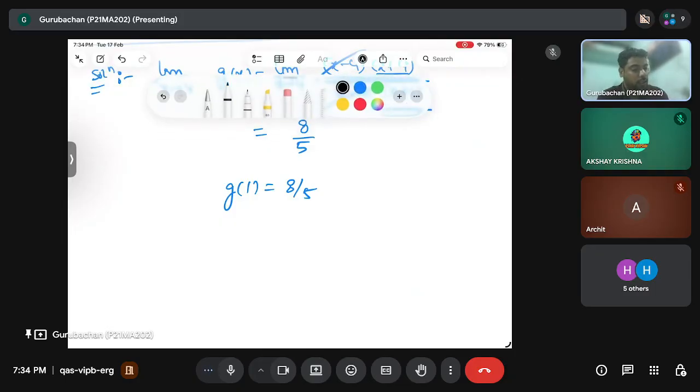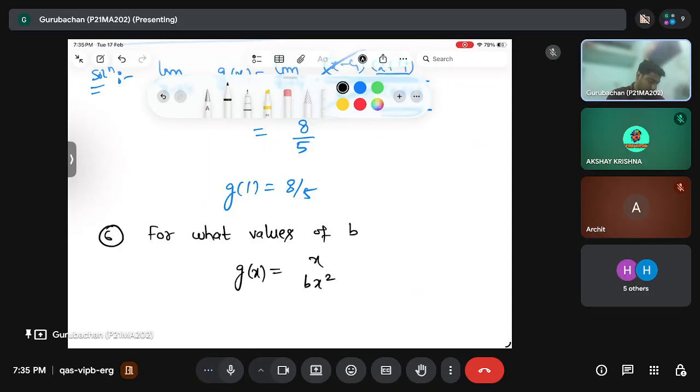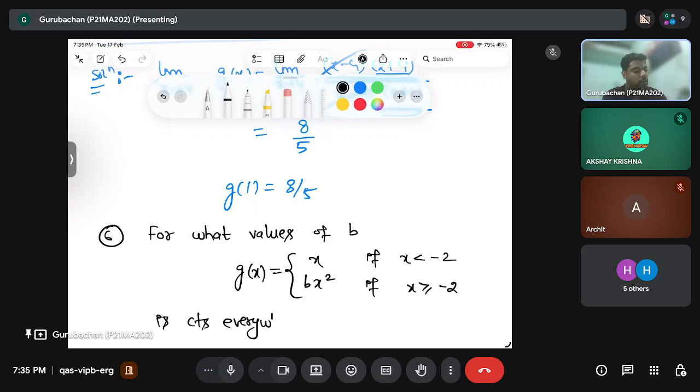Now let us do a similar kind of question. For what values of b is g(x) equal to x if x is less than minus 2, and b x square if x is greater than or equal to minus 2, continuous everywhere?